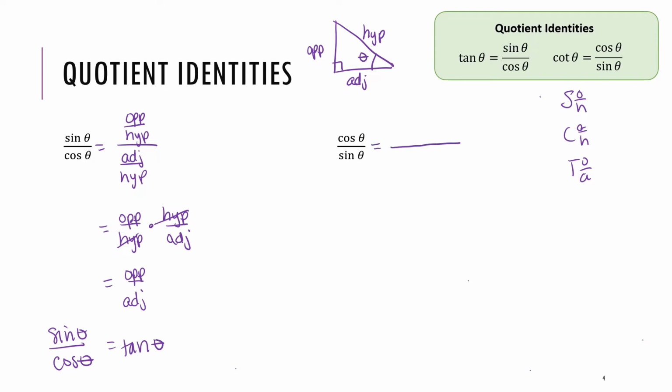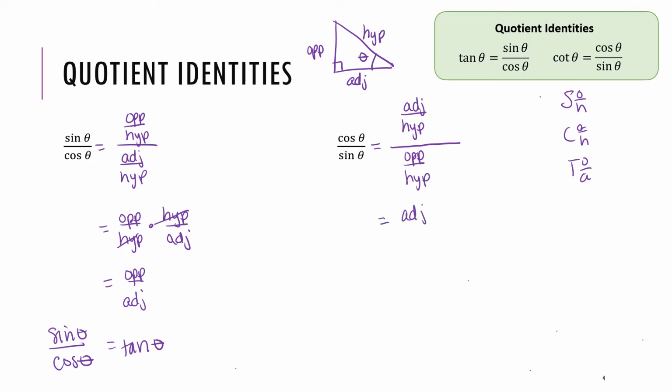You can pause right now and try to do this one on your own, and then turn it back on and check your answer. I'll give you a few seconds to do that. Okay, welcome back. So cosine is adjacent over hypotenuse. Sine is opposite over hypotenuse.